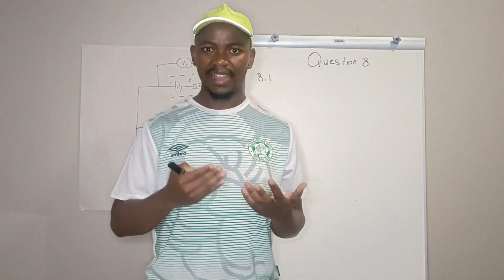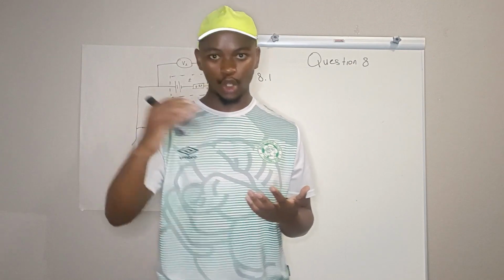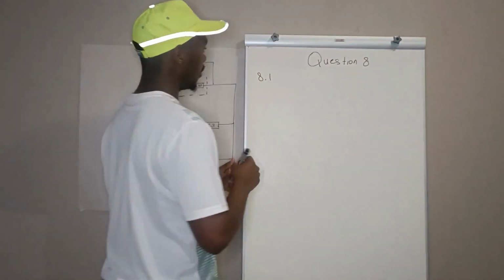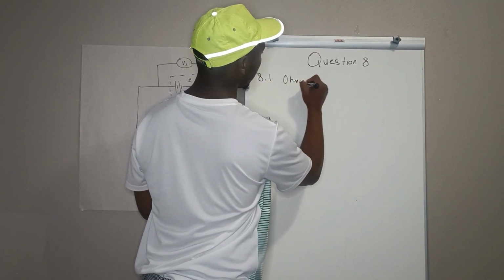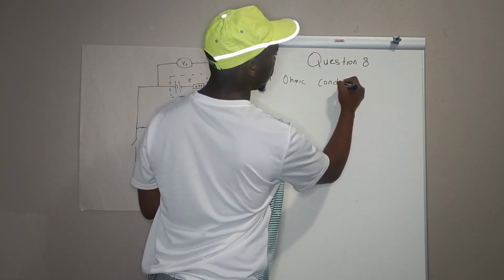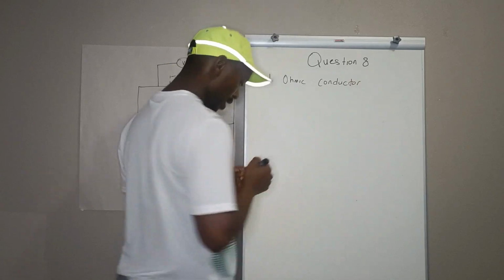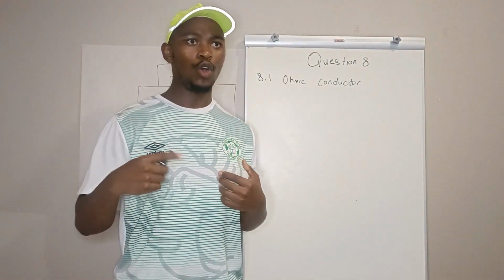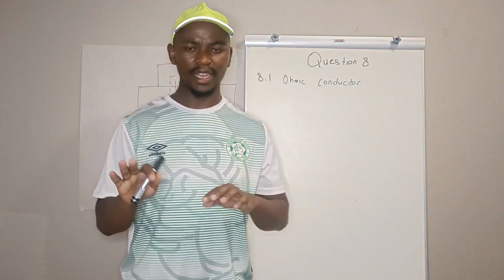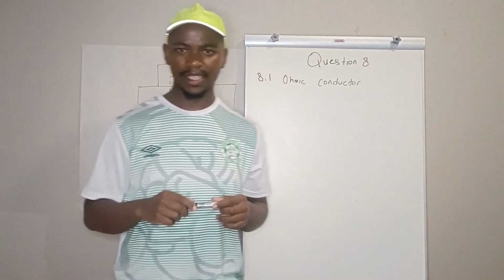Now in this question, they are further describing this conductor as ohmic. Okay, ohmic conductor. When we say something is ohmic, let's just maybe try and run away for 1 second.